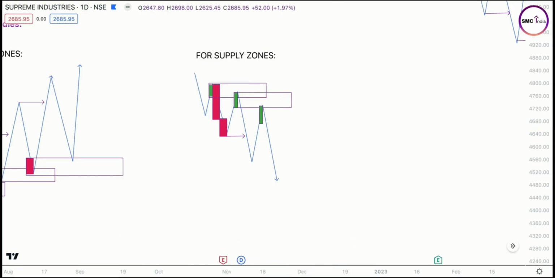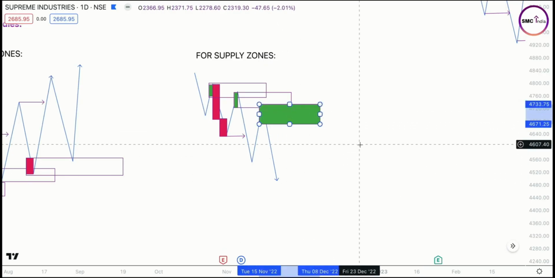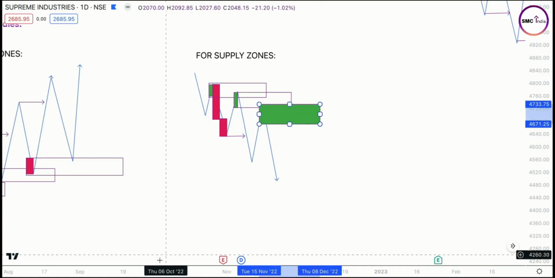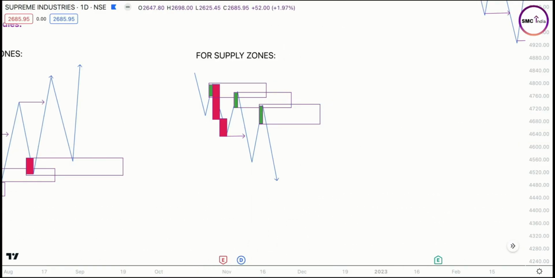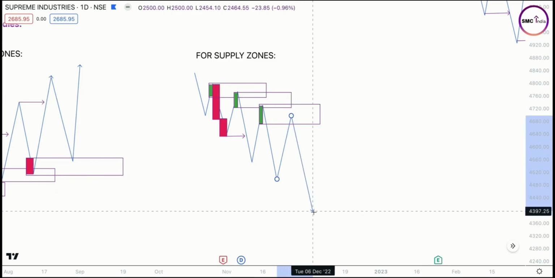You wait for the price to come back to this zone and you place your limits here. Stop losses may be above this order block and then you trade.